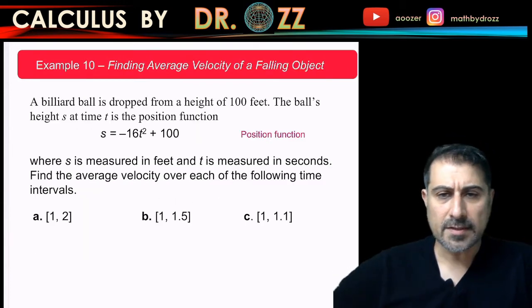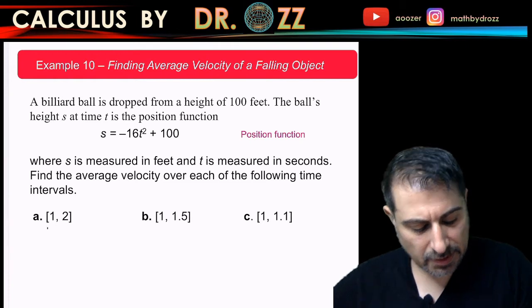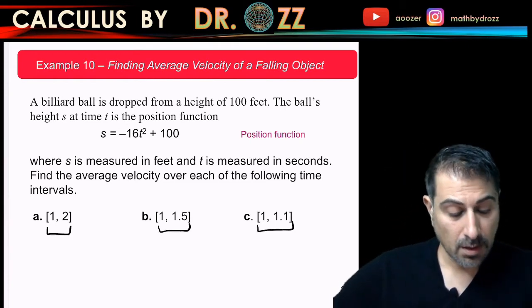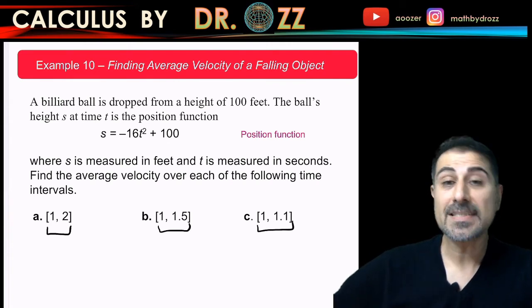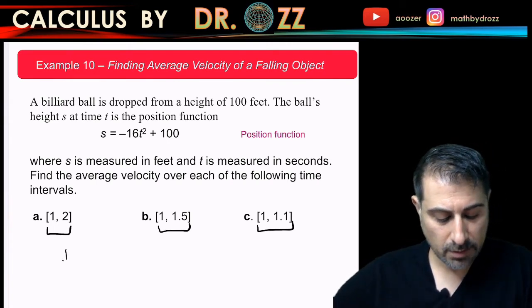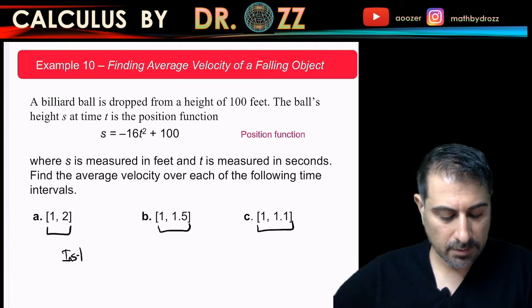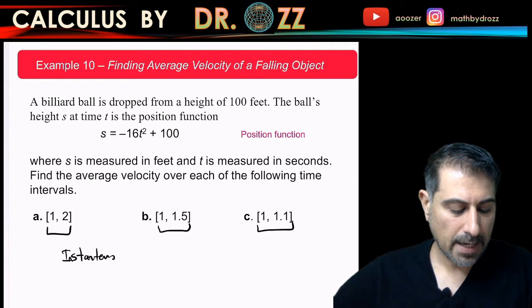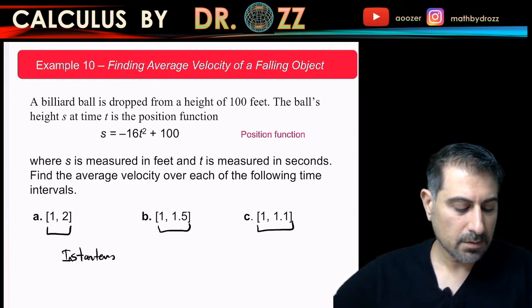In this question, I'm trying to squeeze this interval all the way to 1, getting closer and closer to 1. Then you can talk about the instantaneous velocity at t equals 1.